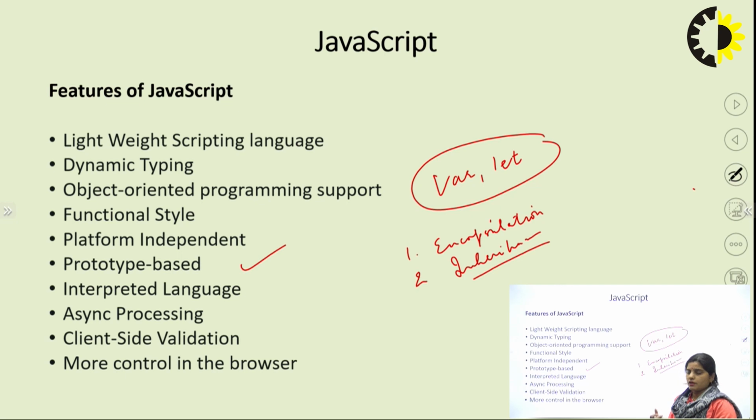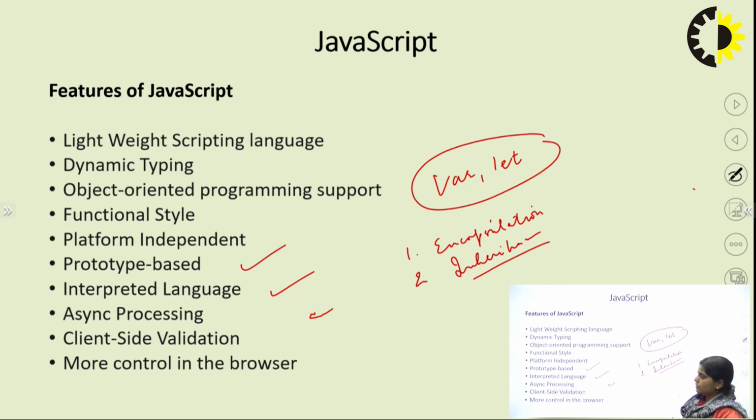The next one is interpreted language. In JavaScript also we can have line by line checking, just like an interpreter will do. Similarly, we can check the code line by line, and then we can run the programs.